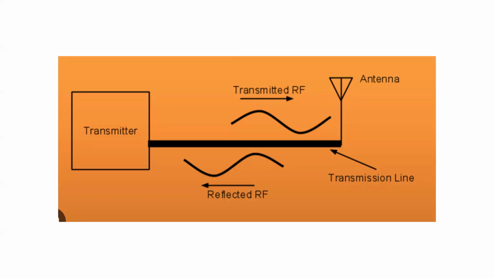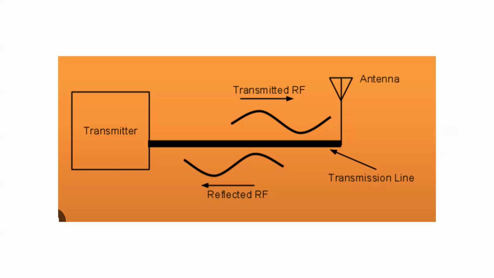It could be a half-wave dipole, end-fed half-wave, any kind of antenna. We're going to assume the transmitter is designed to transmit into a 50 ohm load, and the coax's characteristic impedance is 50 ohms.